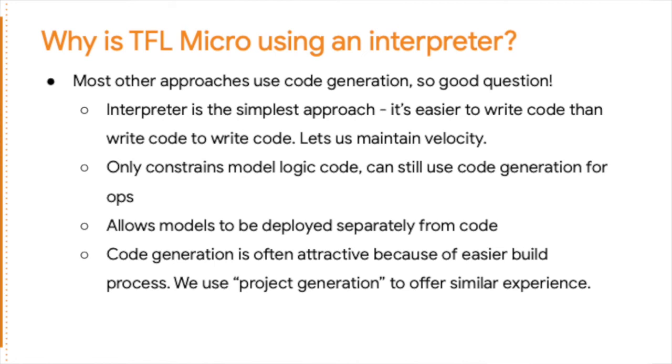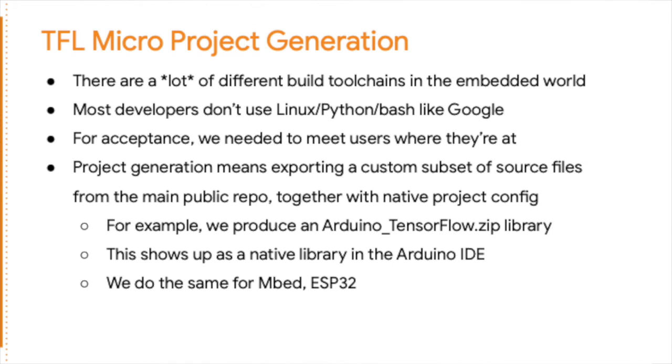It also allows us to deploy models separately from code. So we can actually do updates over the air, for example, without having to touch any of the code and just changing the models. And we do have a process called project generation to try and emulate some of the benefits of deployment using code generation by just being able to copy code. I'm going to skip fairly lightly over these.